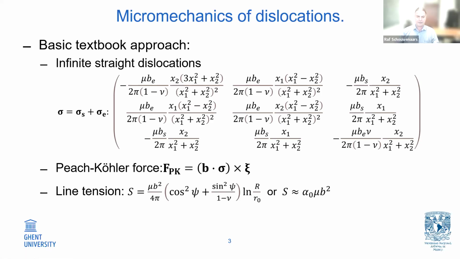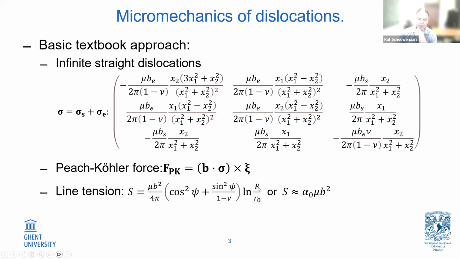And finally, we will have the concept of line tension, where the full formula includes this cosine square psi plus sine square psi, with psi the angle between the dislocation line and the Burgers vector, and a rather mysterious term which has the logarithm of some upper cutoff radius divided by a lower cutoff radius, which is closely connected to the dislocation core width.